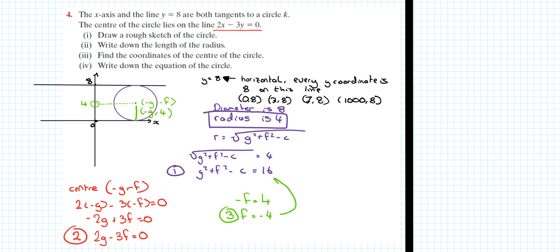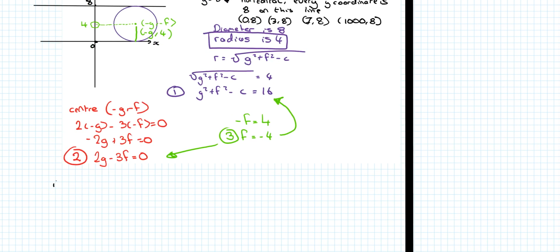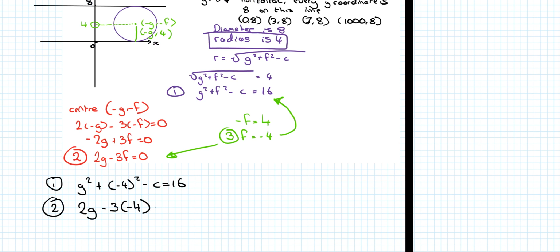If I sub equation 3 into equation 1 and into equation 2, what do I end up with? I end up with equation 1 looking like g squared plus minus 4 squared minus c is equal to 16. And equation 2 is 2g minus 3 times minus 4 is equal to 0.